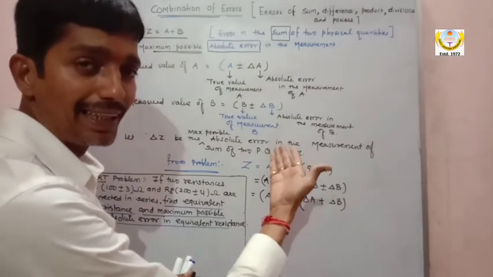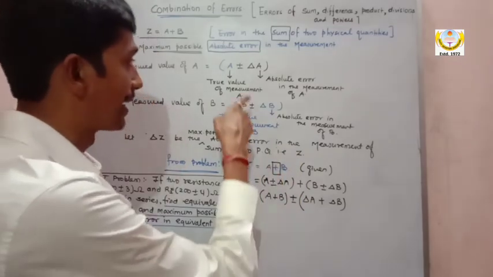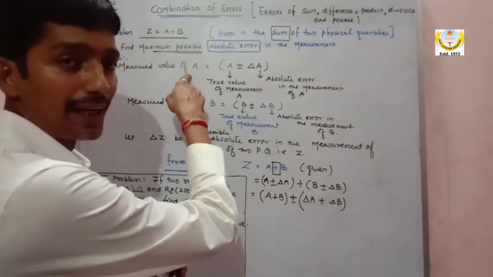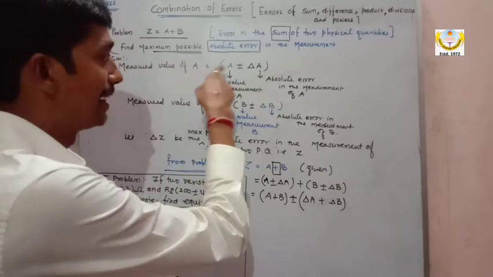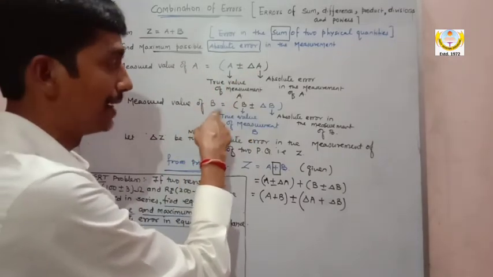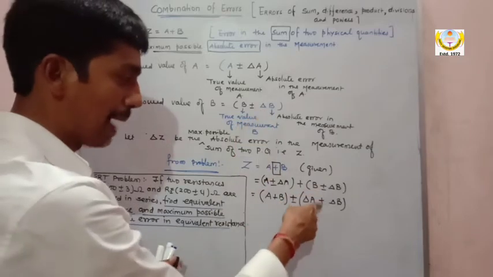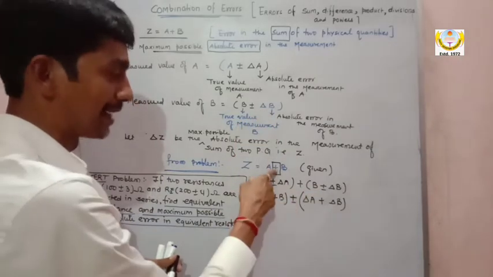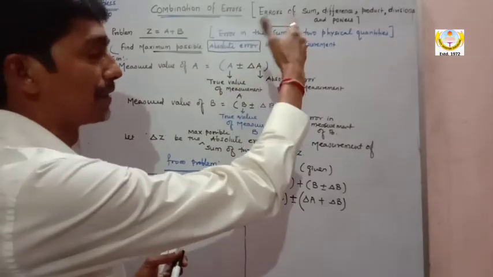The absolute error in the measured physical quantity A is delta A, and the absolute error in the measured physical quantity B is delta B. So why am I adding the absolute errors? Because the question is about the sum of the two physical quantities.